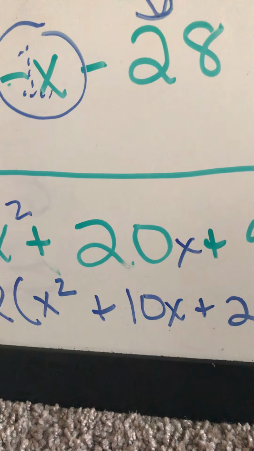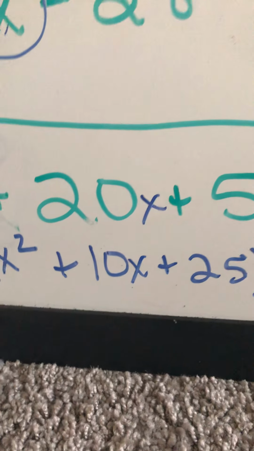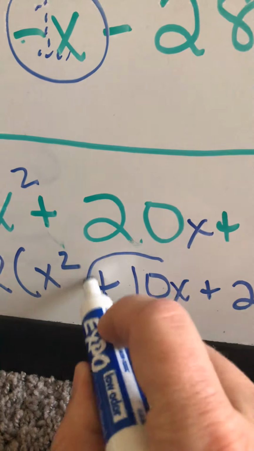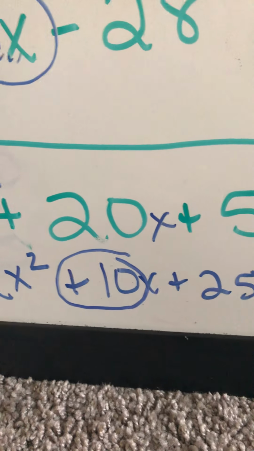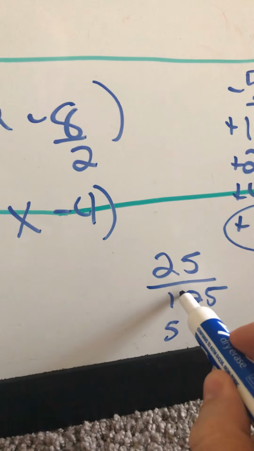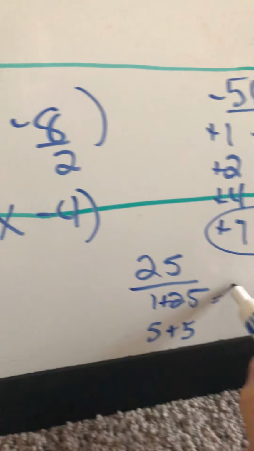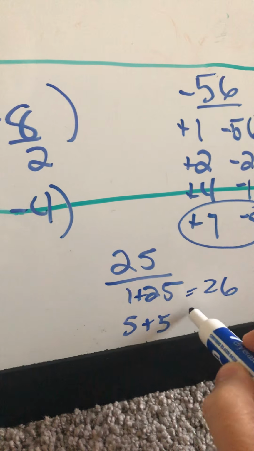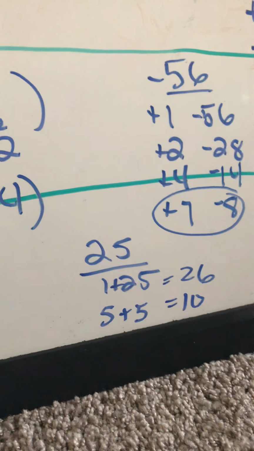Sorry, I left that part out. We need positive 10. Positive 10 is the number that we need. It has to be positive 25, so both numbers are positive. So when we add these up, that's going to give us 26. That's not what we want. 5 and 5 is going to give us 10. That is what we want, so we need a plus 5 and plus 5.